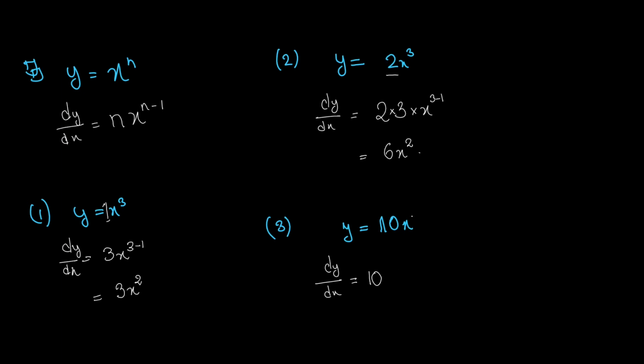Here the power of x is 1 actually, because if nothing is given, then the power is 1. So since 1 is the power, we'll put 1 on the front, and then x, and since we're doing differentiation, the power of x, which is 1, will decrease by 1, so minus 1. Now we are left with 10 x to the power 1 minus 1, which gives us 0. We know anything to the power 0 is 1. So basically x to the power 0 is 1.